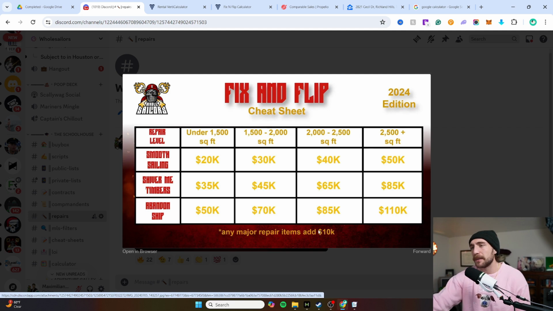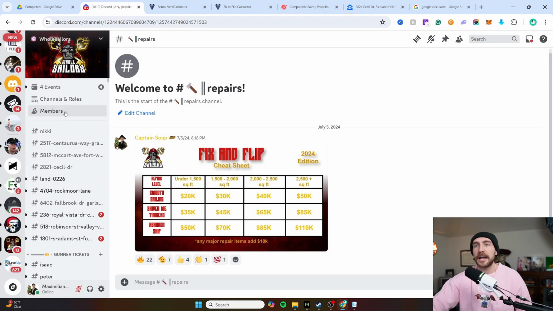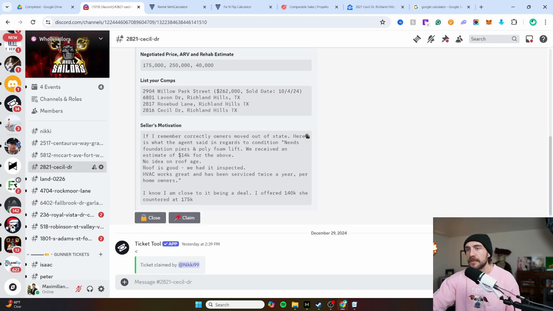And we would usually want to budget $10K for foundation because it's a major repair item. Hopping into the chat, I actually see that they got a foundation bid for $14K. So let's just say we're at 20 plus 14, we're at 35. I think repairs could go higher or they could go lower. Now, Max, why would they go higher?